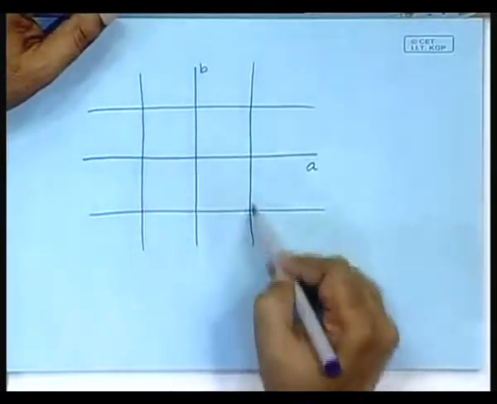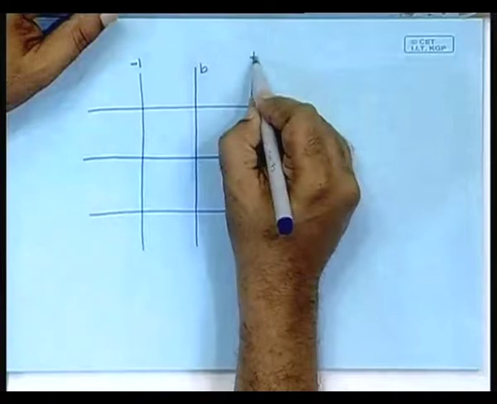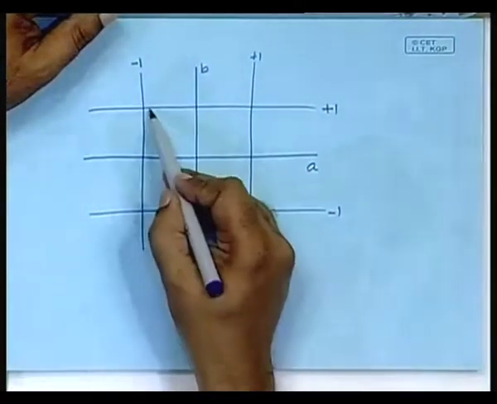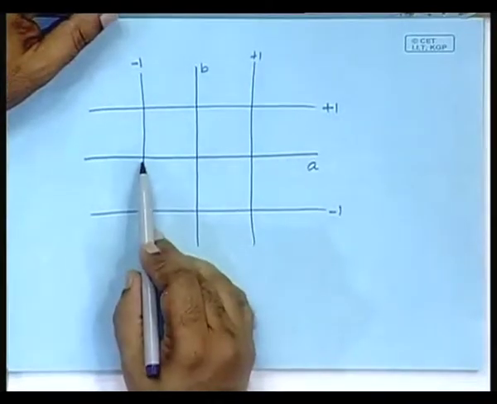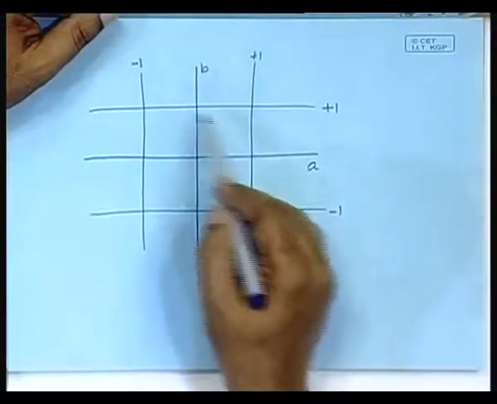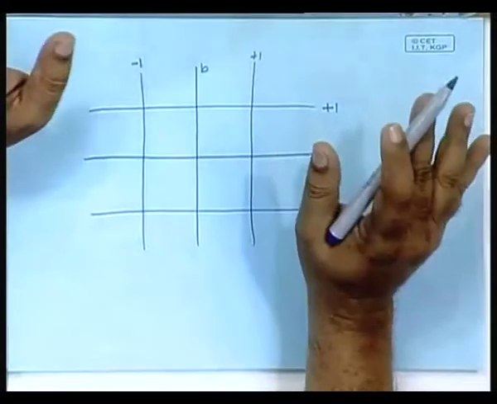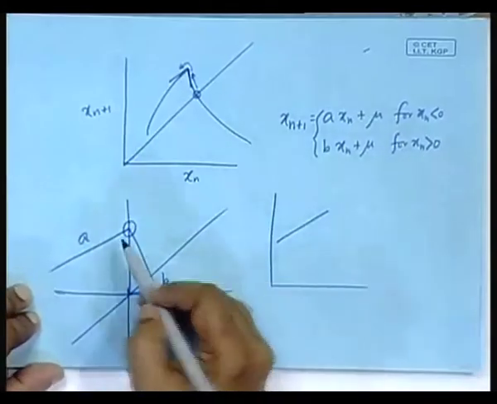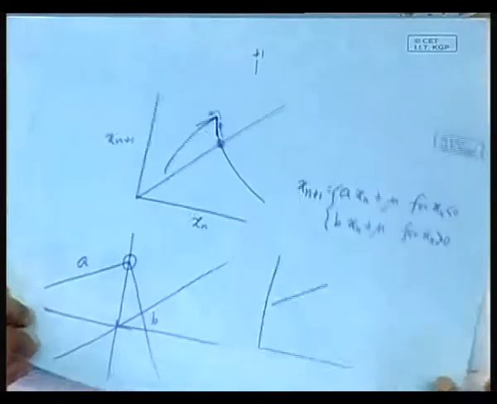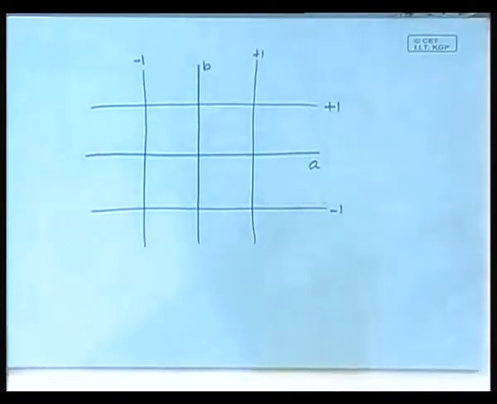So, in this box, where a ranges between minus 1 and plus 1 and b ranges between minus 1 and plus 1, you expect a stable behavior as the fixed point moves across the border. This point would be called the border, because that represents the borderline between two different types of behavior. So, that is where we were.